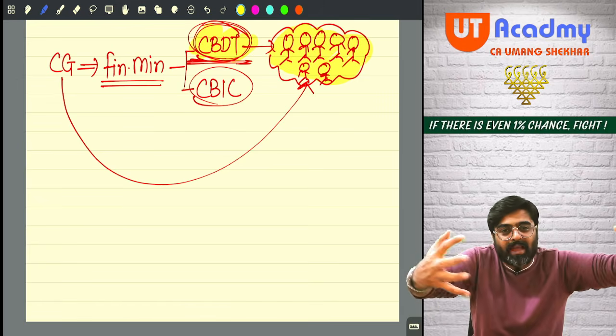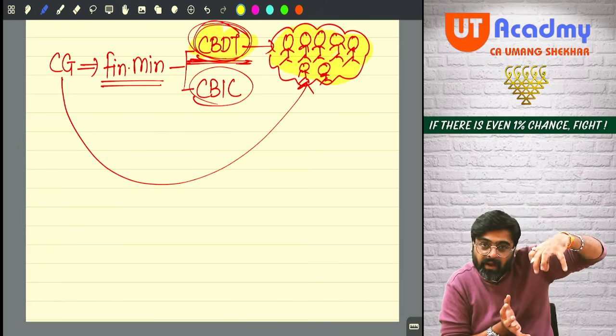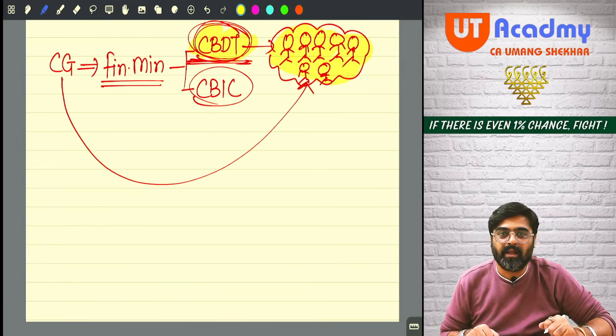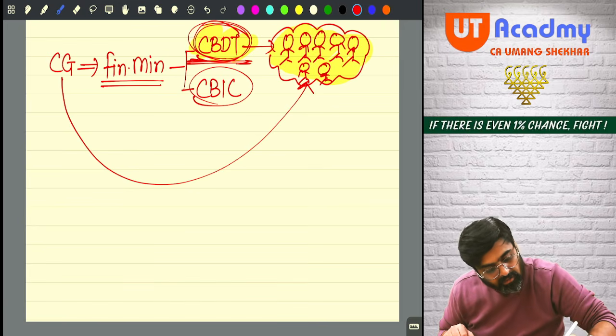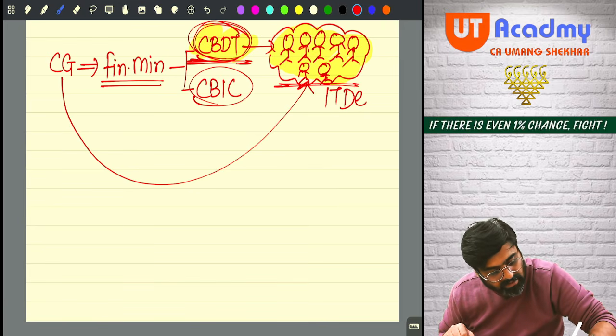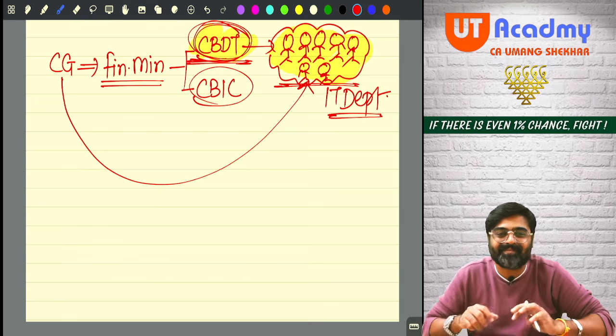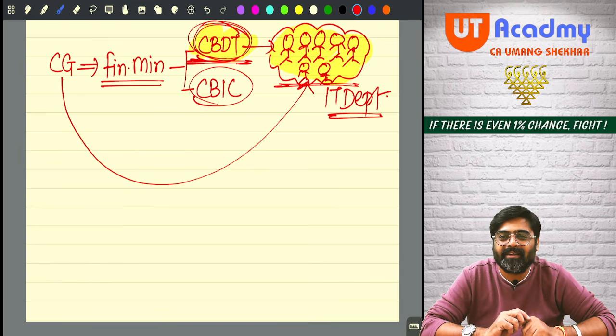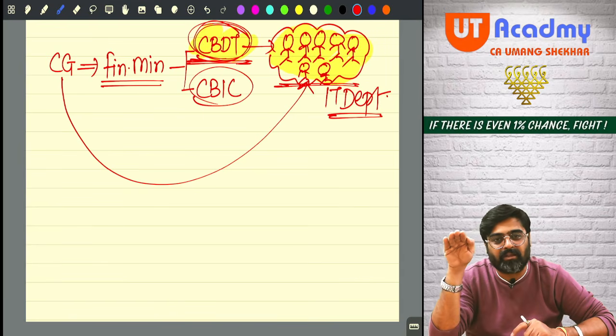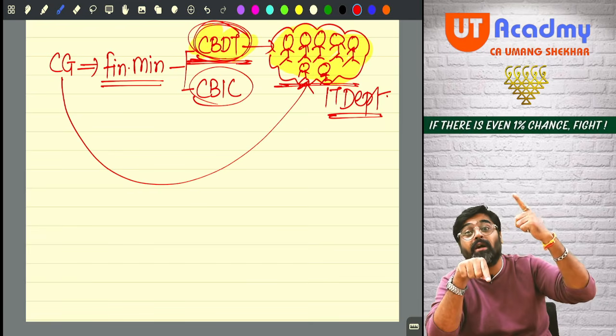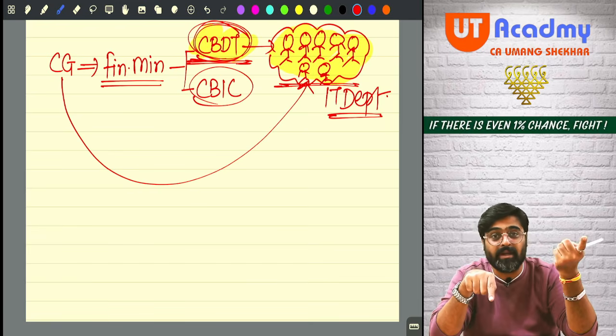And all these employees who will be working under the CBDT will be collectively working under a department known as the Income Tax Department. So the central government has given the work to the Finance Ministry, and the Finance Ministry has delegated that work to the CBDT.